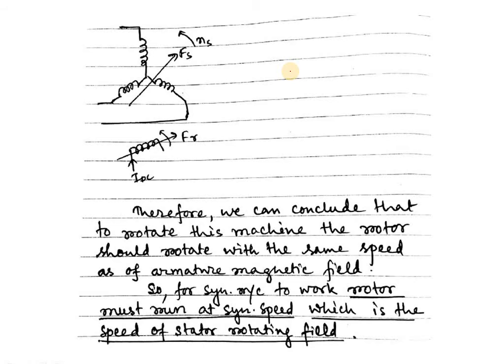That means we have to move the rotor by a DC excitation or another field, in such a way that it reaches the synchronous speed and matches the speed of the field. Whenever it matches the speed of the field, the motor will start rotating at synchronous speed.